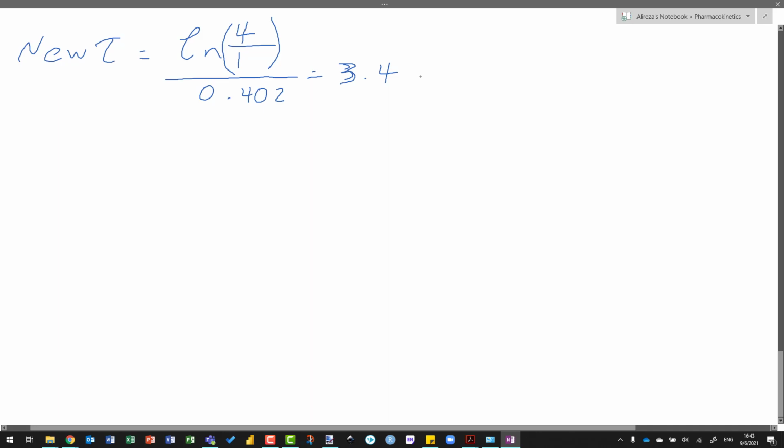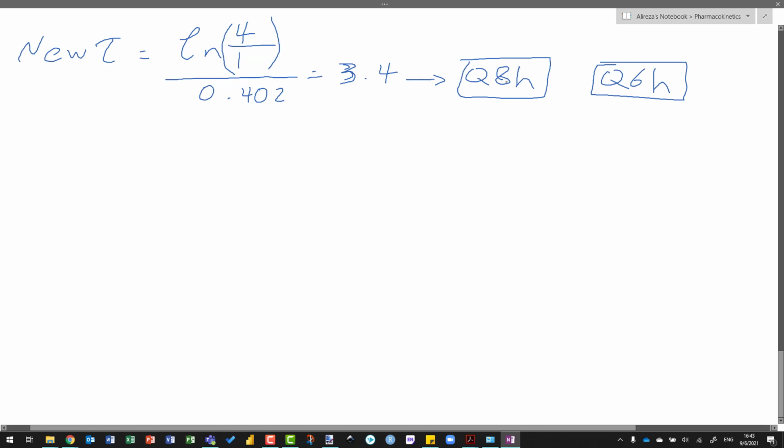Now, in this case, 3.4 is unusually short, so we don't really want to go lower than every 8 hours. So I'm still going to keep it at every 8 hours and see if I can make it work by changing the dose. If I play with the dose and I cannot get this to work, then I'm going to try every 6 hours, because every 6 hours is too frequent.